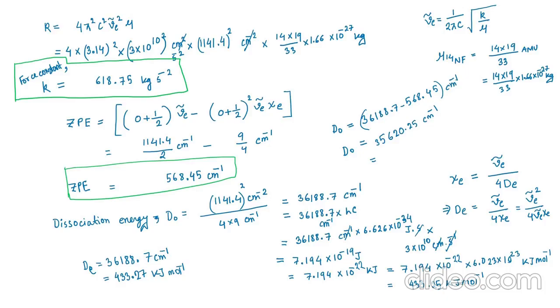So you need to be very careful with this. h into 3 into 10 to the power 10, which is giving me 7.08 into 10 to the power minus 19 joules, and divided by 10 to the power 3 for kilojoules, and then I need to multiply by the Avogadro number. So it will be 426.46 kilojoule per mole.